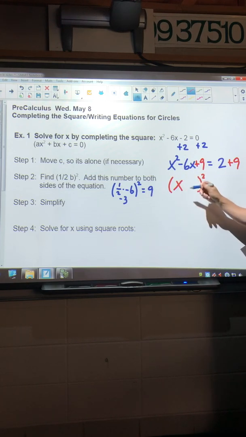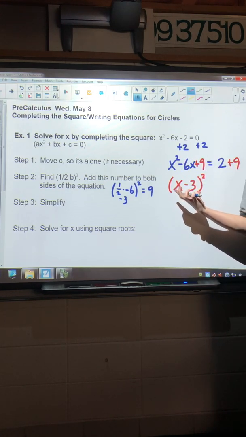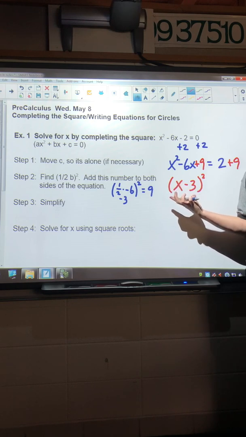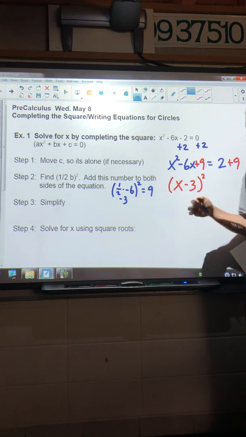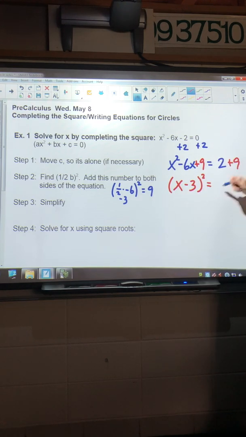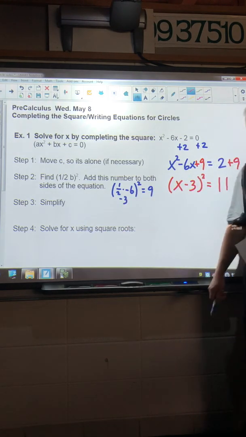Half of -6 is -3. So x squared minus 6x plus 9 factors into x minus 3 times x minus 3, which can be written as x minus 3 squared. And then 9 plus 2 is 11. That's what I mean by simplify.